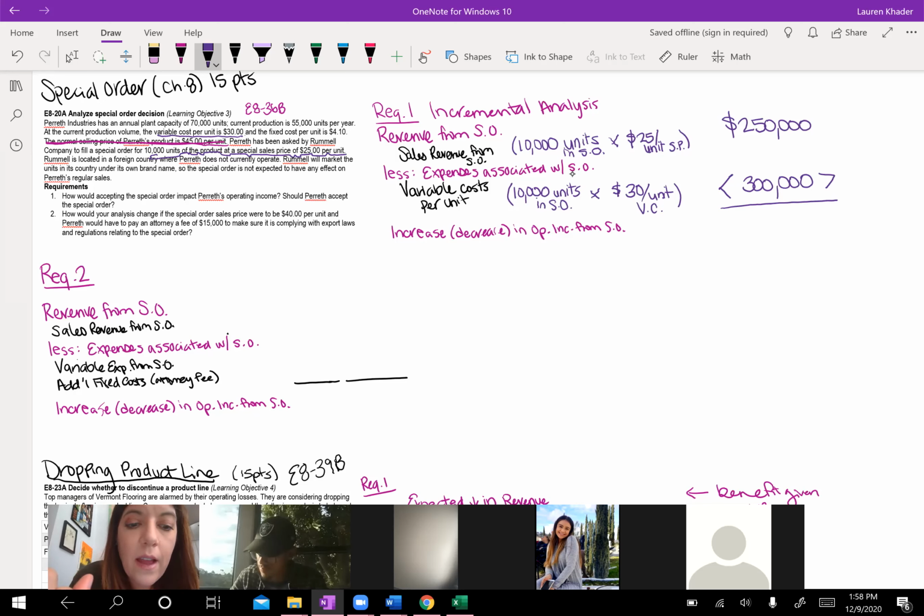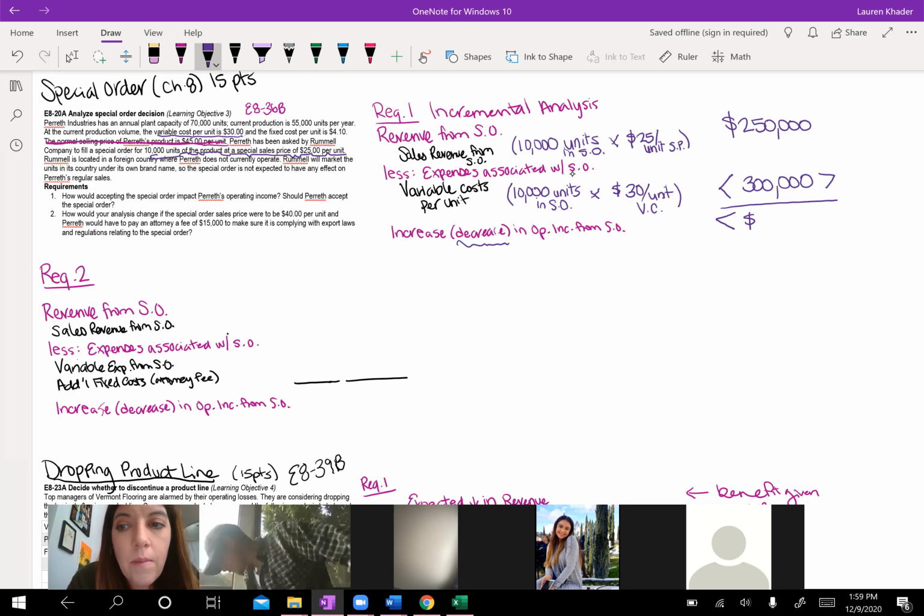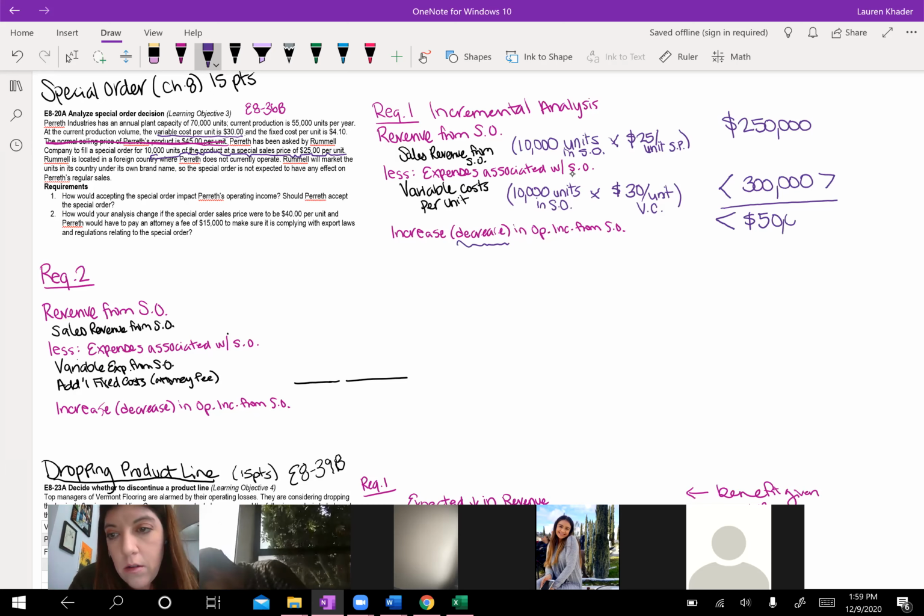We're comparing that increase in cost to the increase in revenue. And notice that the revenue increase is less than the increase in cost. So what's going to happen to our operating income if we accept the special order at $25 per unit? It's going to decrease by 50,000.